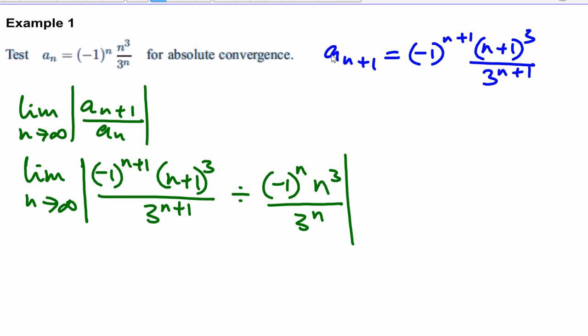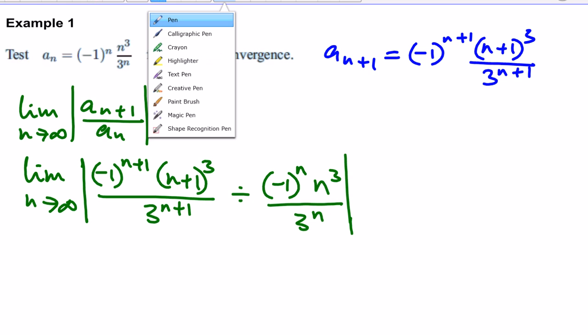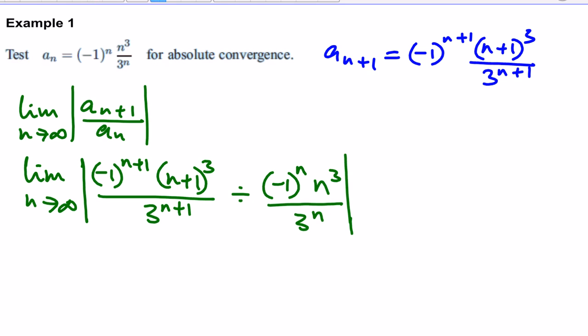Now, before I carry on, there's something that I want to mention. And this is what I'll be doing as I move along to other examples. If you notice the powers negative 1 to power n plus 1 and negative 1 to power n, because you're taking the absolute value of what's inside here, the absolute value of negative 1 to any power is just 1.